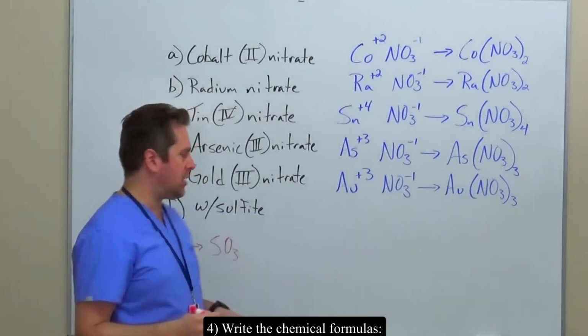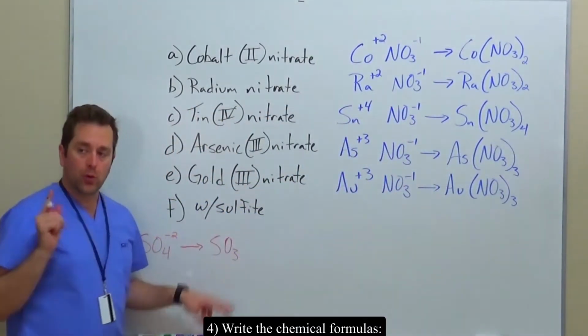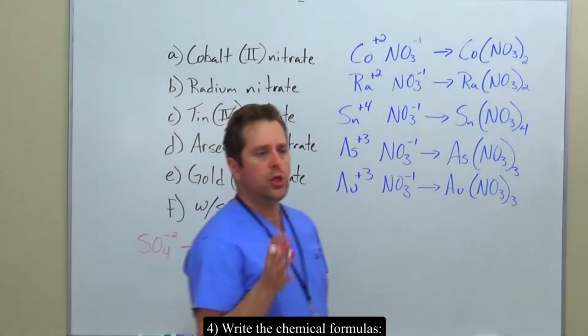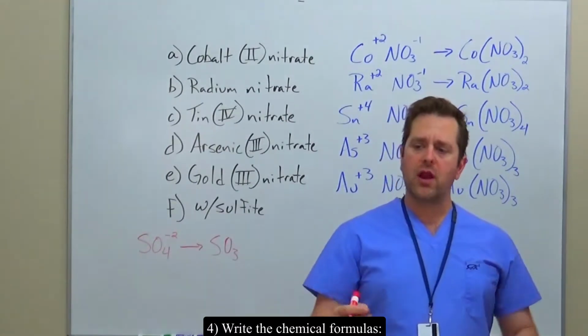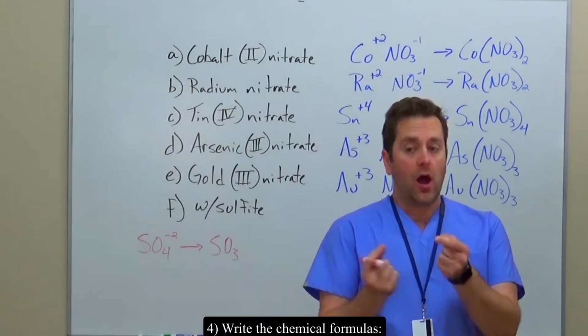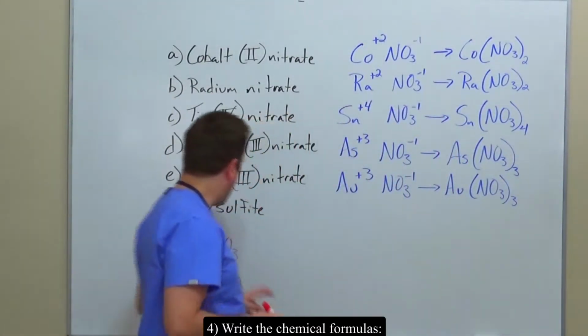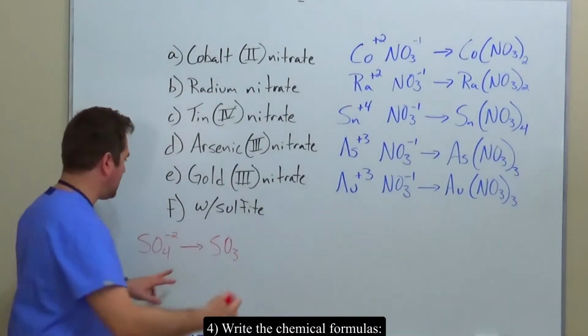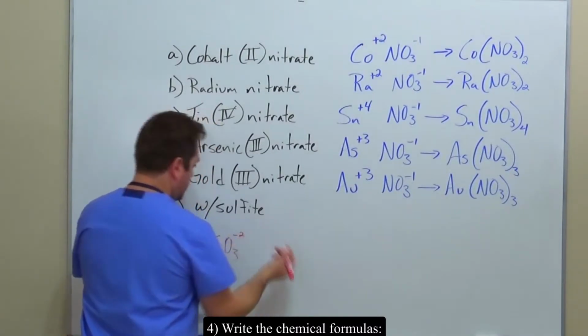What is the oxidation number on the sulfite? Recall that you're not going to have to recalculate the oxidation number. You will always retain the charge of whatever the ate form is of that polyatomic ion. So if sulfate is -2, that means that sulfite is going to have an overall -2 charge.